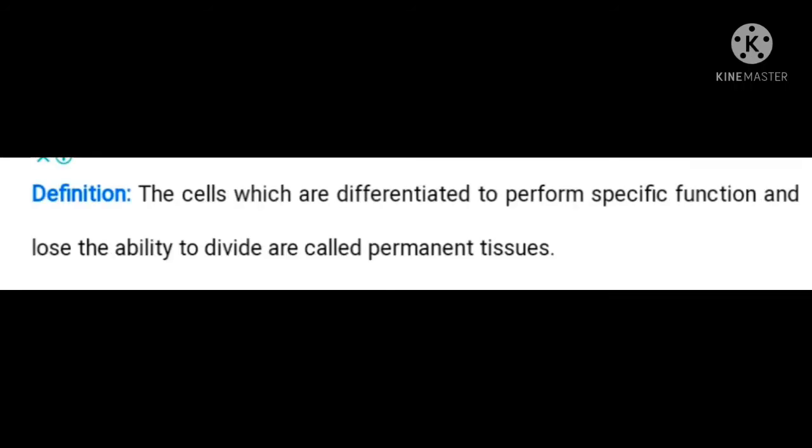Definition of permanent tissues: the cells which are differentiated to perform specific functions and lose the ability to divide are called permanent tissues. The meristematic cells have taken specific roles.